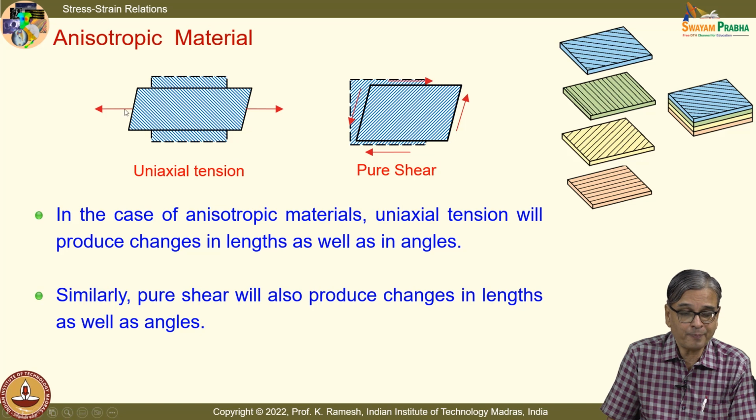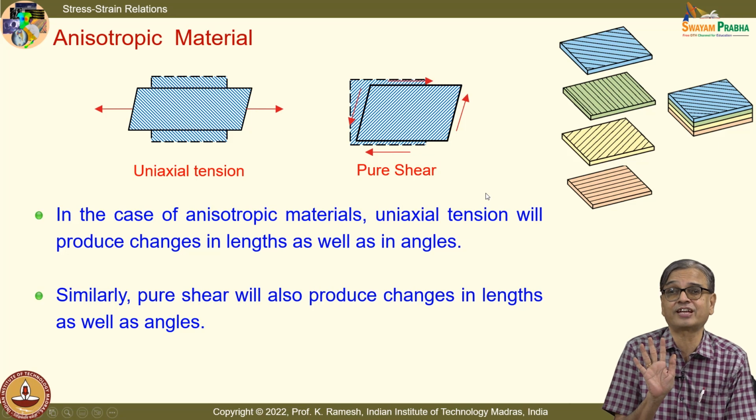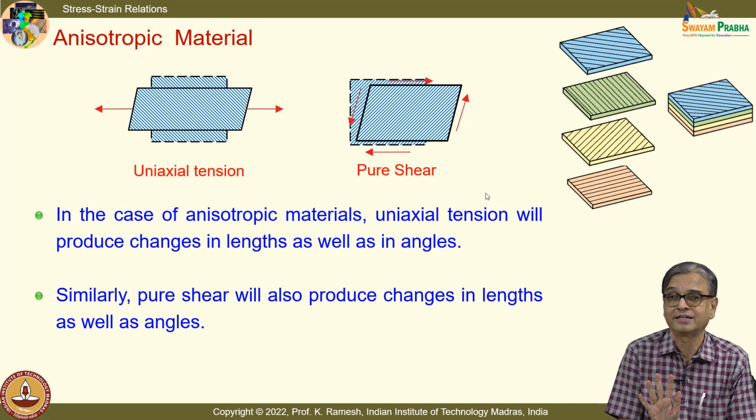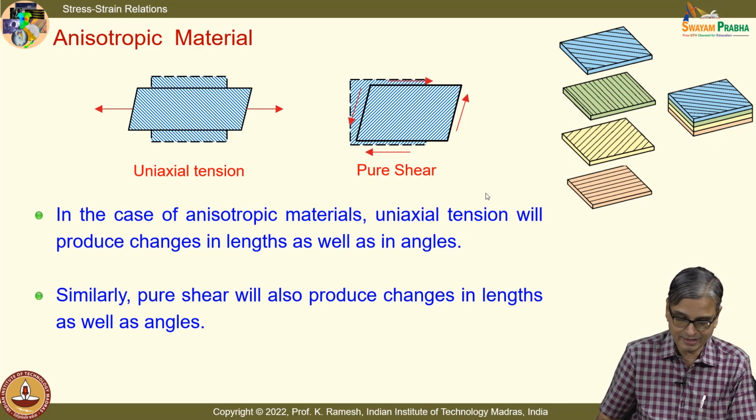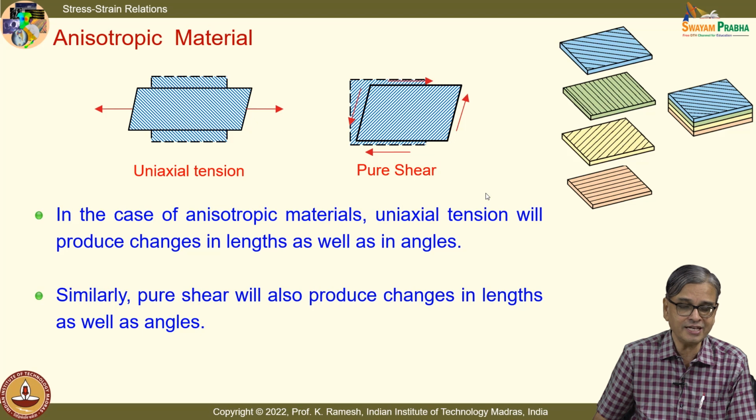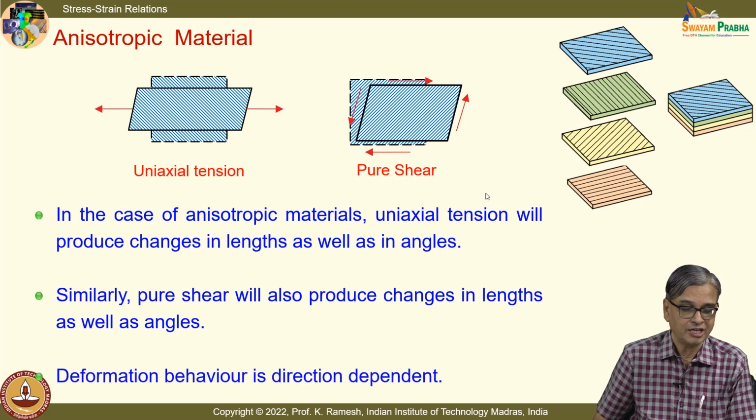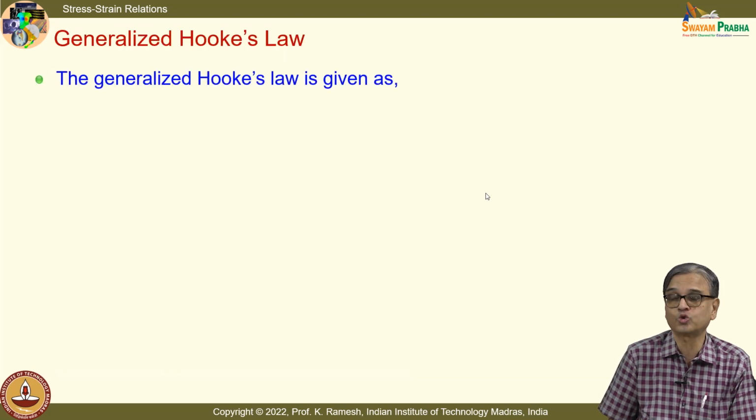When I apply axial tension, it has elongation as well as shear. When I apply shear, it will have shear strain as well as axial strain. So that makes the behavior very, very complex. And if I have to model this material behavior, then what I have is the generalized Hooke's law.